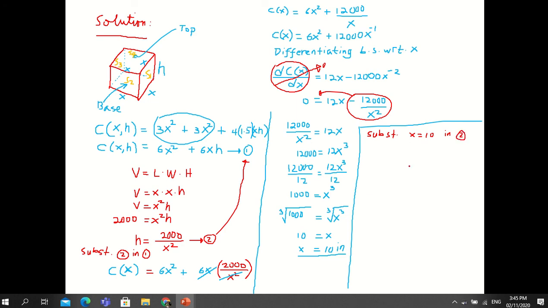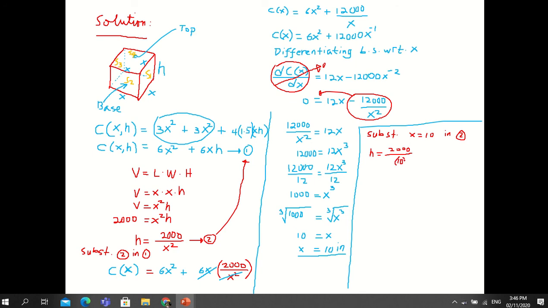So in equation 2 we have h equal to 2000 divided by x squared, so 10 squared.